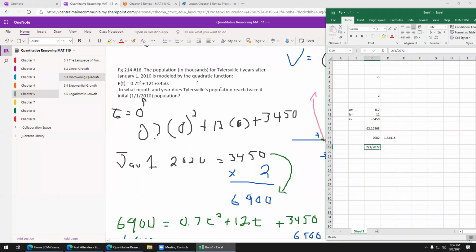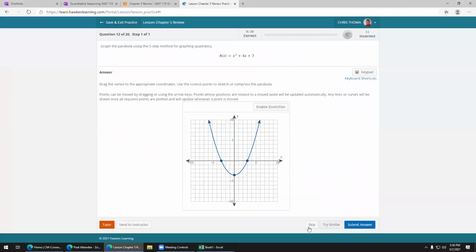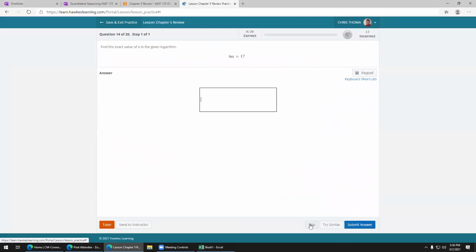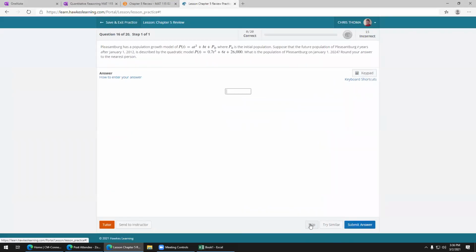But that was a good problem. There is a population problem kind of in it, but it is more of asking what would the population be in 50 years? So they give you the time in the Hawks problem, if I remember correctly. I don't know if it's before or after. Yeah, so this is very similar to the problem that we just did. Oh, it's almost the exact same figures.